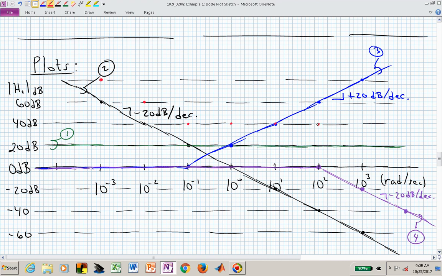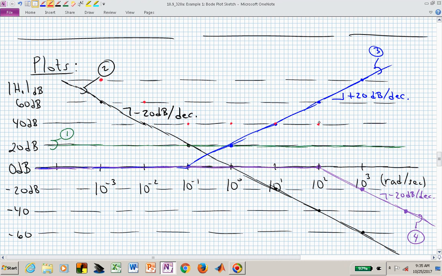And at 100, now we have two poles sloping down, each at minus 20 dB, and one 0 sloping up. So now we have a net slope of minus 20 dB per decade, so that beyond 100, we should be sloping down at minus 20 dB per decade for high frequencies.